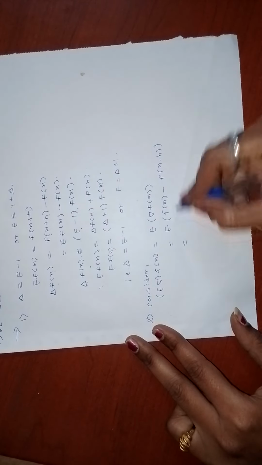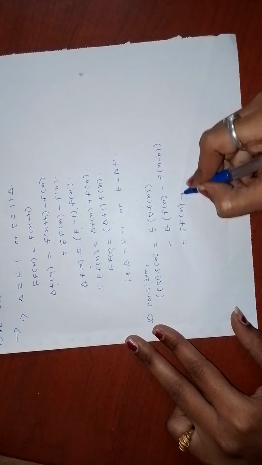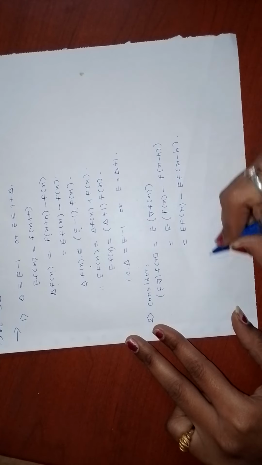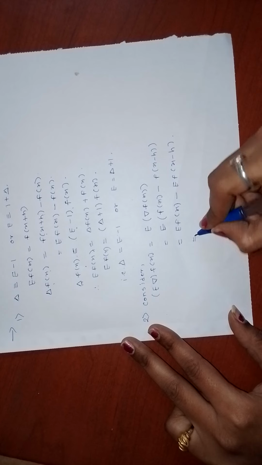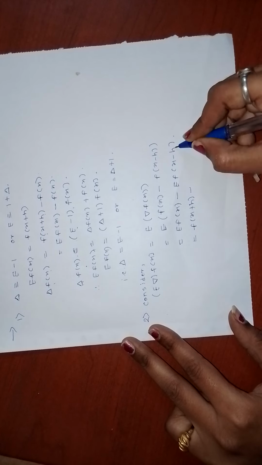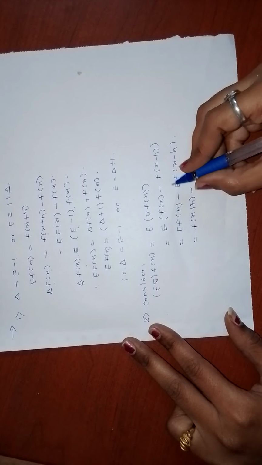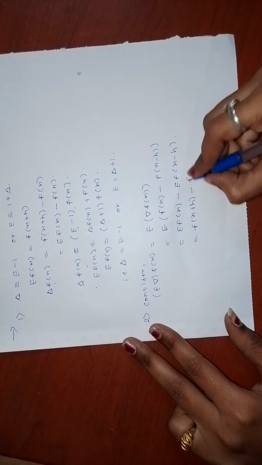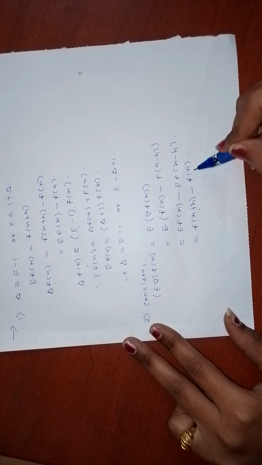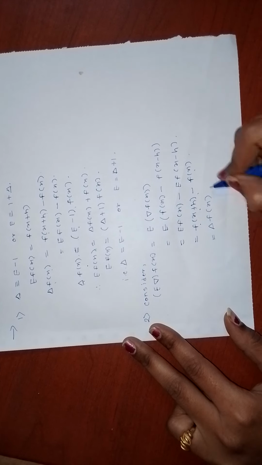So multiply by E, in a bracket we get E f of x minus E into f of x minus h. E f of x is f of x plus h minus, here f of x minus h, E f of x minus h is f of x, but we know that f of x plus h minus f of x is delta f of x.